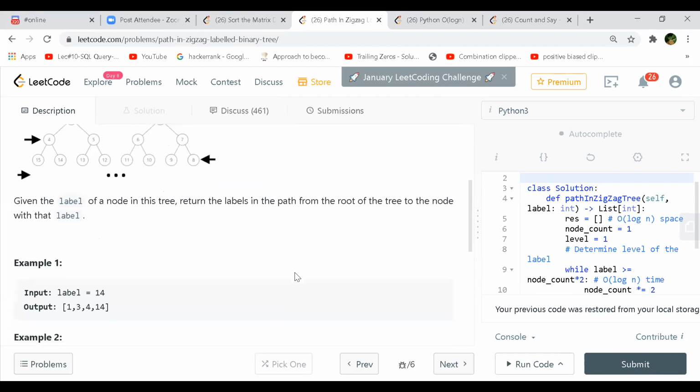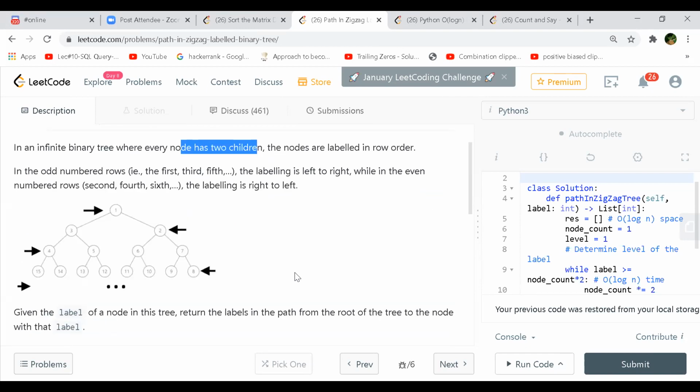Does it matter here that it should be a full binary tree? It helps, because then we can imagine this to be an array, where the left child is at 2 times i and the right child at 2 times i plus 1. But the reversal thing we have to take care of. But it's not very easy either.